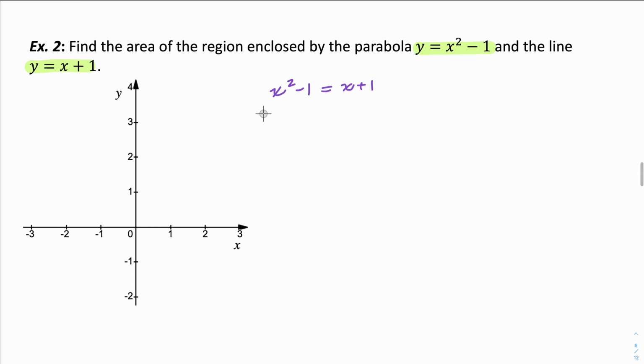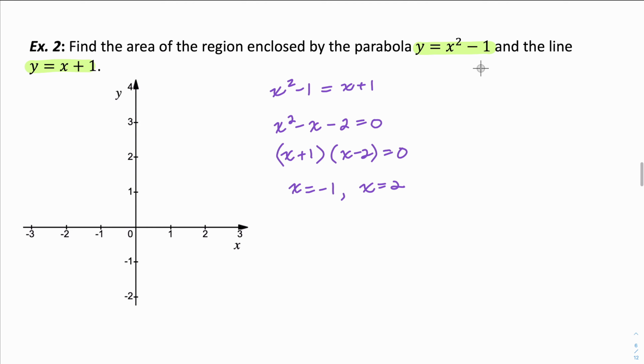I'm going to subtract these things over, so we have x squared minus x minus 2 equals 0, and then factor to solve: x plus 1, x minus 2. So we get x equaling negative 1 and x equaling 2. So we're going to be looking at x values from negative 1 to 2.